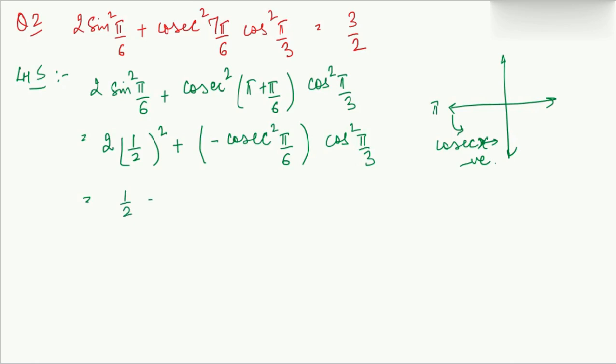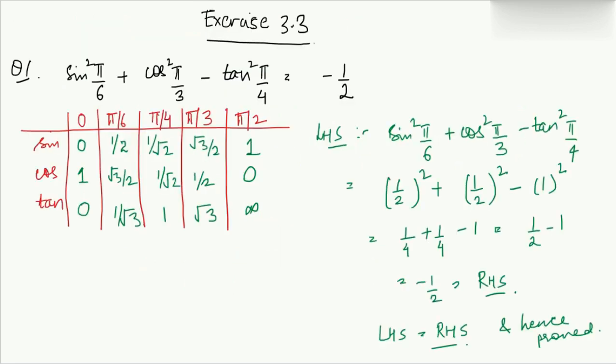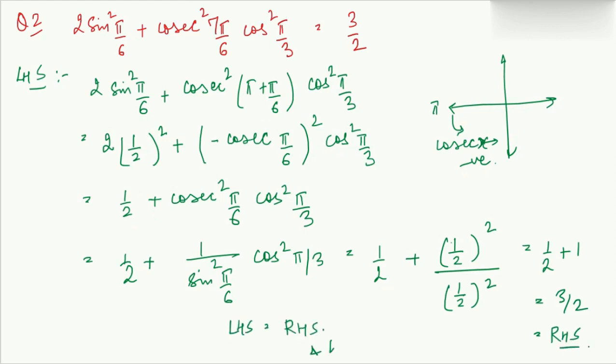So we know sin π/6 and cos π/3, we'll put the values. Cosec π/6 is also known as 1 by sin π/6. So we'll calculate and get 3/2 and hence proved.